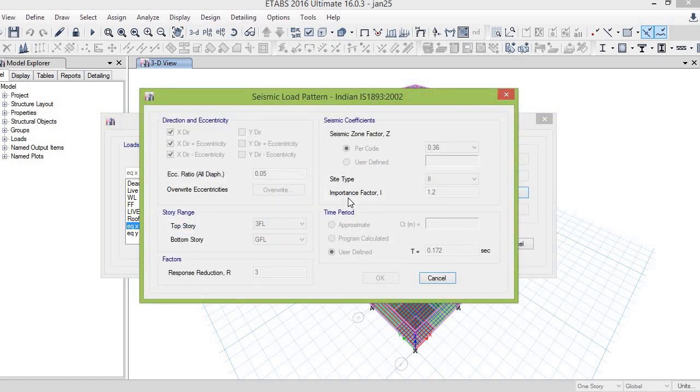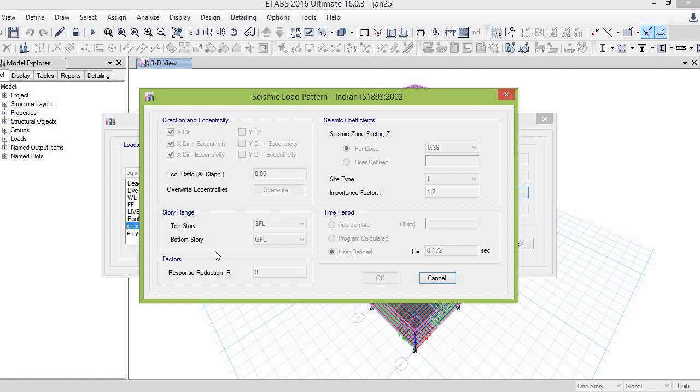The time period comes from the height of 9 meters for a special moment resisting frame, and this particular model is a special moment resisting frame. While providing the story range, we need to provide the bottom story to the top story, and within the particular 9 meters height, we should mention how many floors are included.